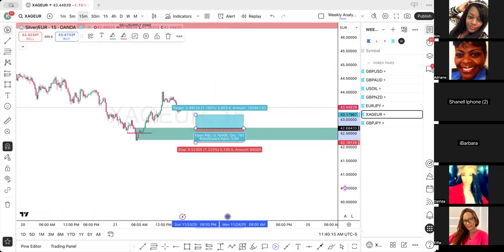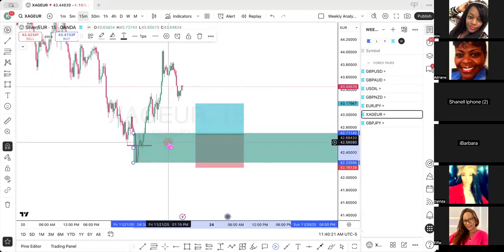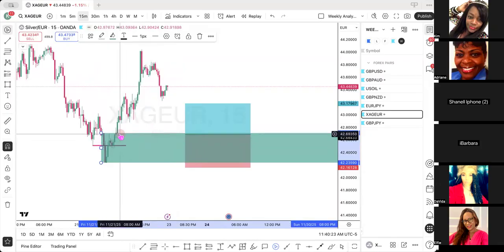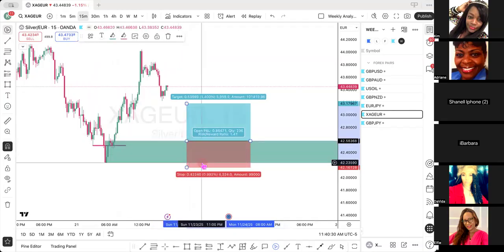I just don't like that there are no wicks on here. And my last down candle would be this one. So I would set a limit.